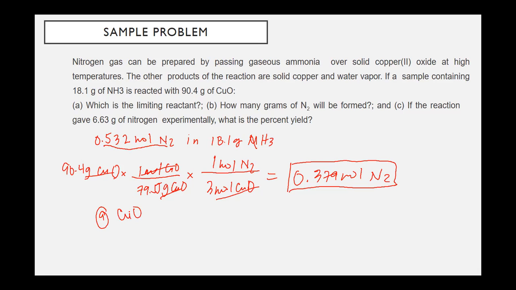Since ito na ang ating limiting reactant, ito na yung gagamitin natin. Na-produce daw ay 0.379 moles N2. So, i-grams lang natin siya. 1 mole ng N2 ay 28 grams. Multiply lang natin siya sa molecular weight ng N2.